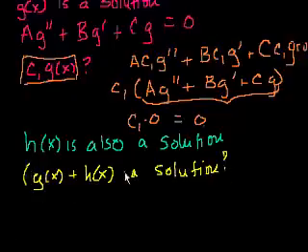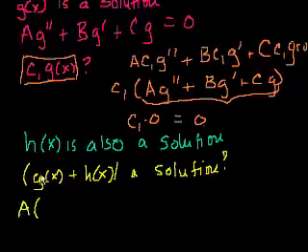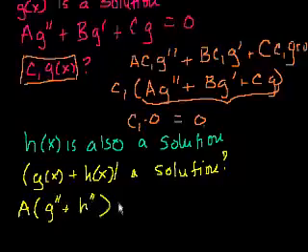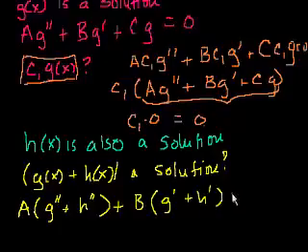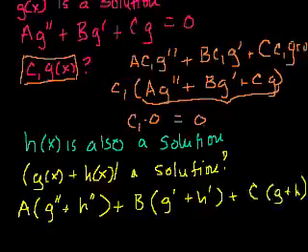Well, let's substitute this whole thing into our original differential equation, right? So we'll have a times the second derivative of this thing. Well, that's straightforward enough. That's just g prime prime plus h prime prime plus b times the first derivative of this thing, g prime plus h prime plus c times this function, g plus h.